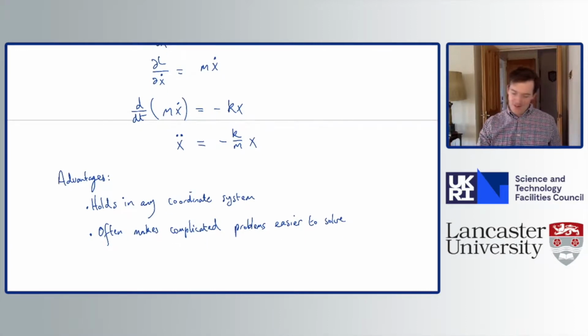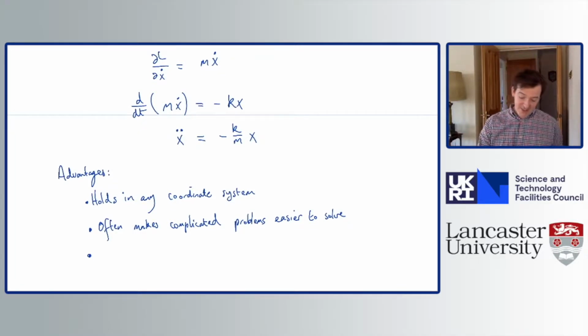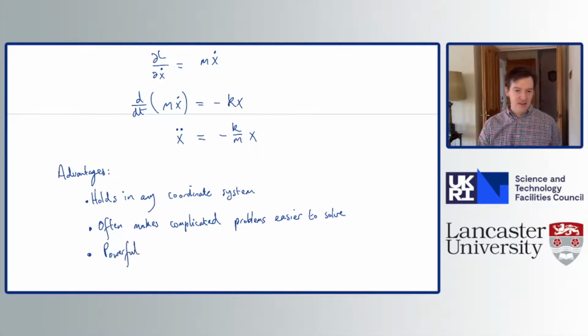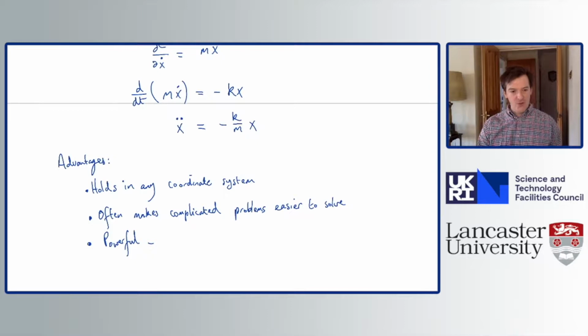I thought this was magic the first time I learned this subject because of the problems that you could now solve that would have been very tricky in Newtonian mechanics. And then the third reason that this turns out to be a very powerful technique, and we'll see that partly in this course, is that this Lagrangian formalism can be generalized to much more complicated problems.